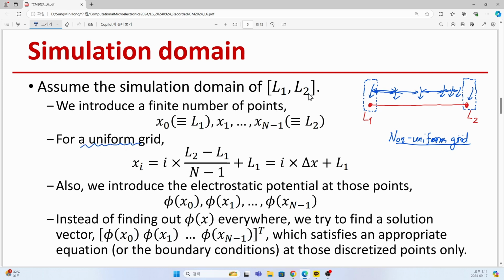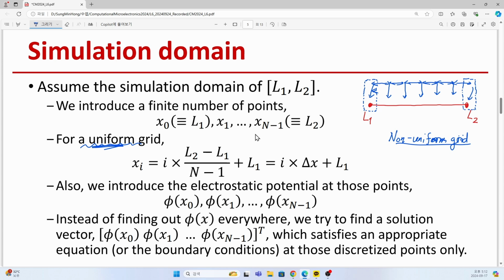It means that instead of this non-uniform placement of points, we will just consider equidistant points here and there. 1, 2, 3, 4, 5, 6, 7, and let's assume that all of these distances are the same. Then we can say that this is a uniform grid.